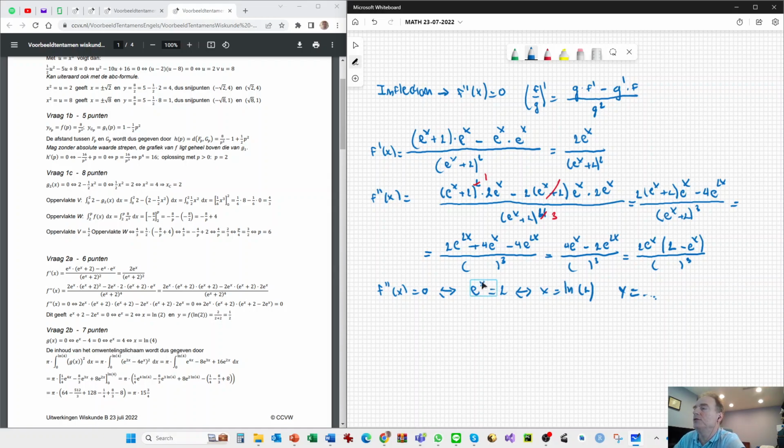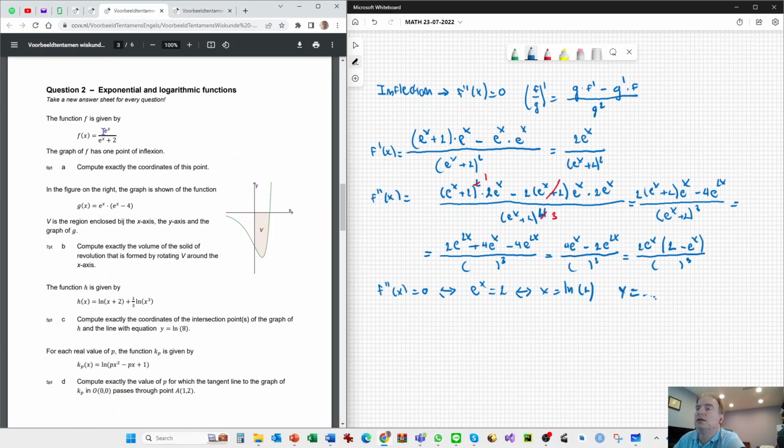Either substitute e to the power x in the equation. e to the power x is 2 in the equation here, so y is just 2 divided by 2 plus 2, which is 1/2. So the final answer then is log 2, 1/2.